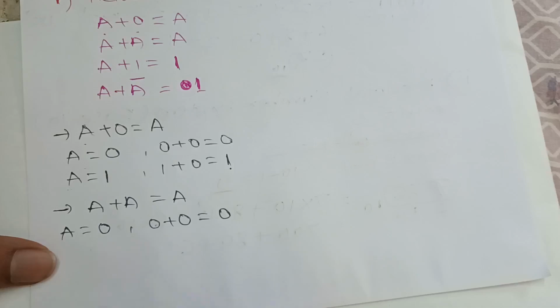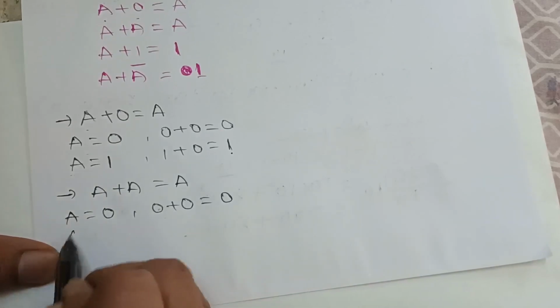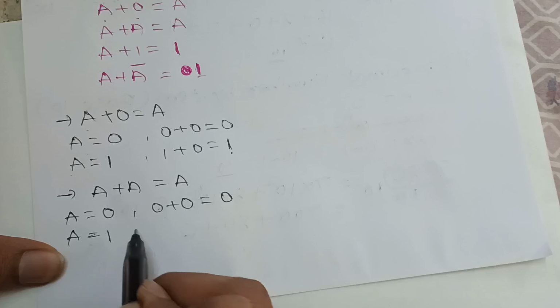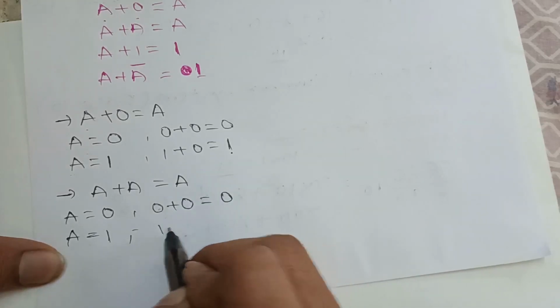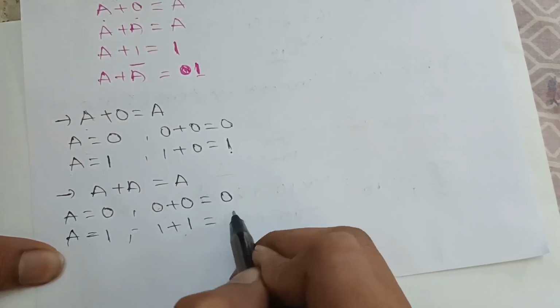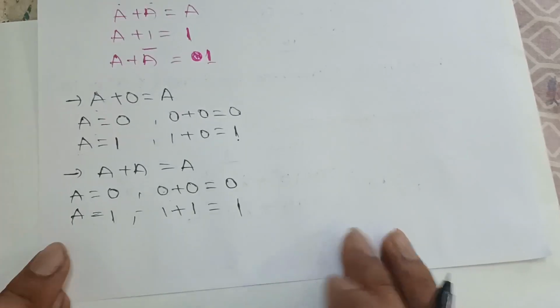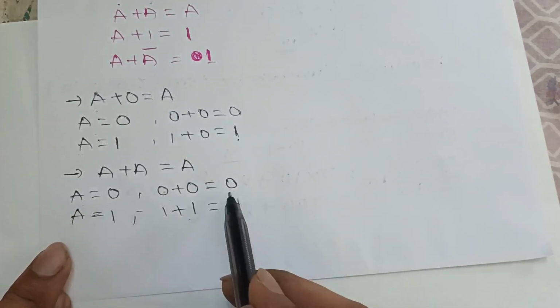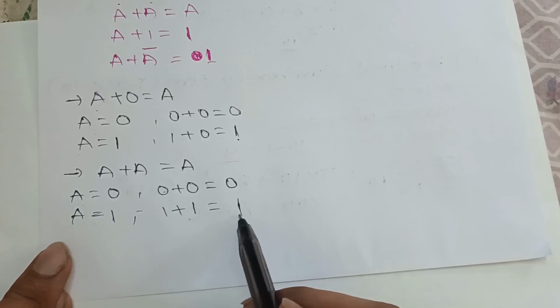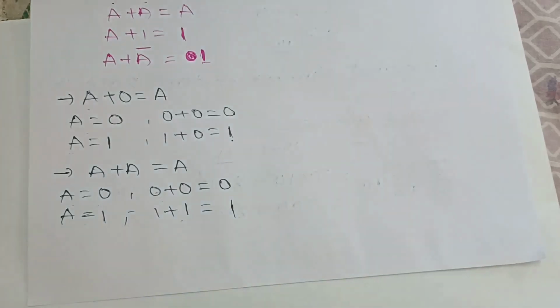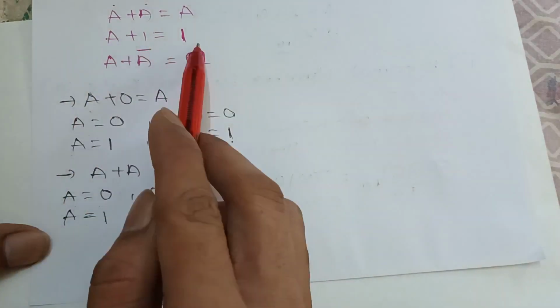We are calling it plus, but in between, this OR operation is happening. Okay, next one, a equal to 1. 1 plus 1 is going to be 1. So you can see over here, when we consider a as 0, ultimately we got 0. When a equal to 1, the same number we got at the output. Okay, next comes a plus 1 equal to 1.